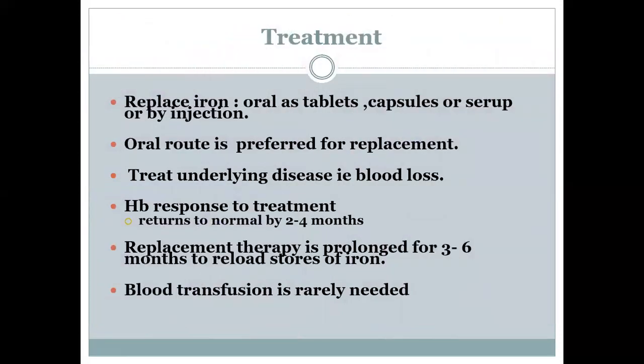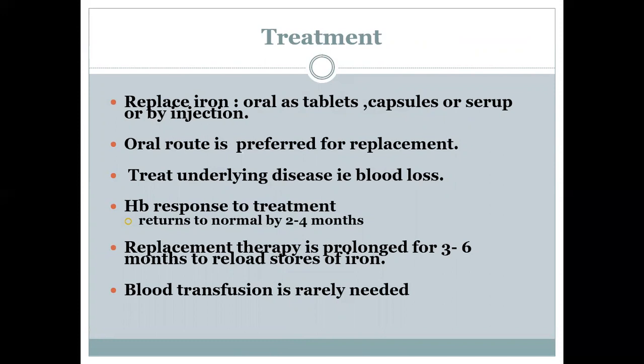The treatment of iron deficiency depends on replacing iron, which can be given as oral tablets, capsules, or syrup, or it can be given by injections. Oral preparations are preferred because they don't cause allergy, but they cause a lot of GIT symptoms.